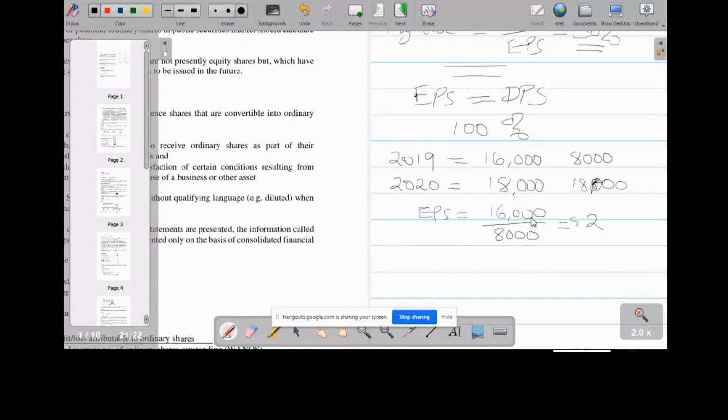Then the 2020 EPS will be 18 divided by 18,000 ordinary shares outstanding. This will give you an EPS of 1 shilling per share.